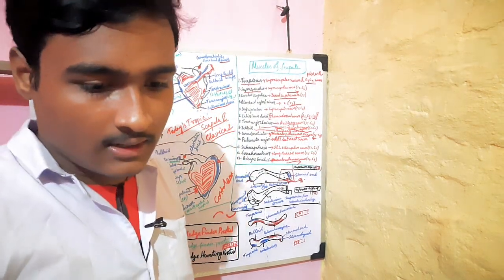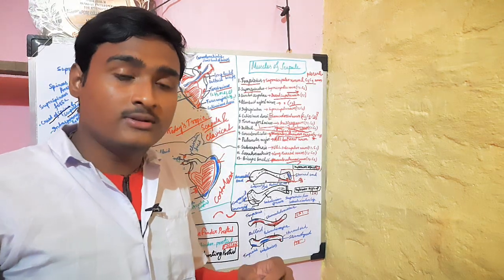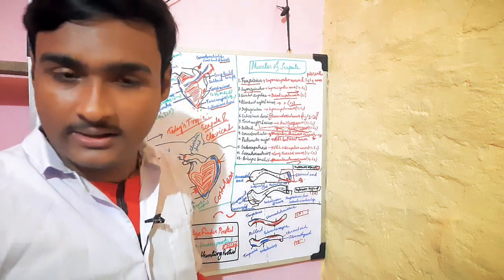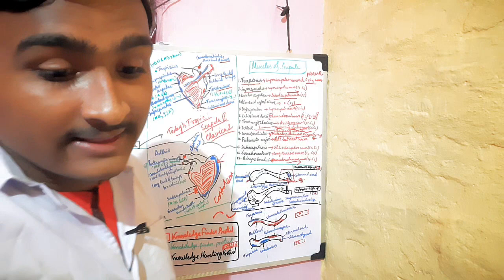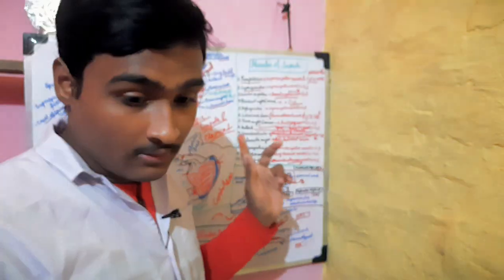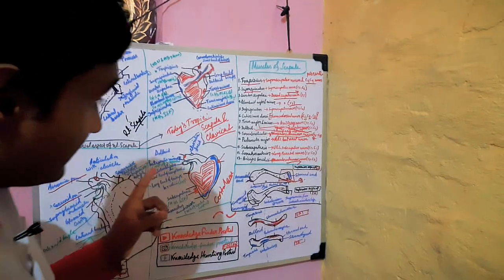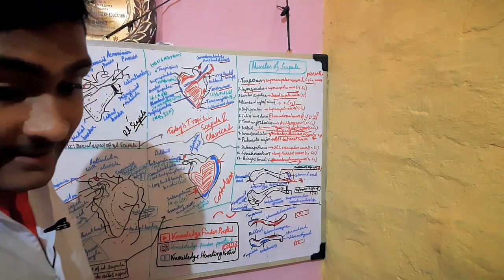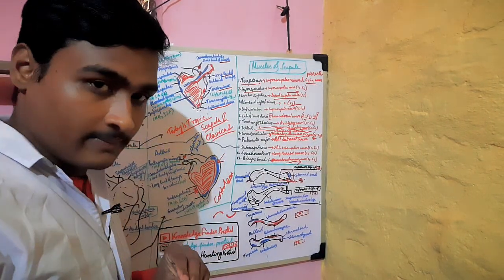This is the long bone which is anti-gravity, and it is the first bone to start ossifying, and the only long bone which ossifies in membrane. There is no medullary cavity.